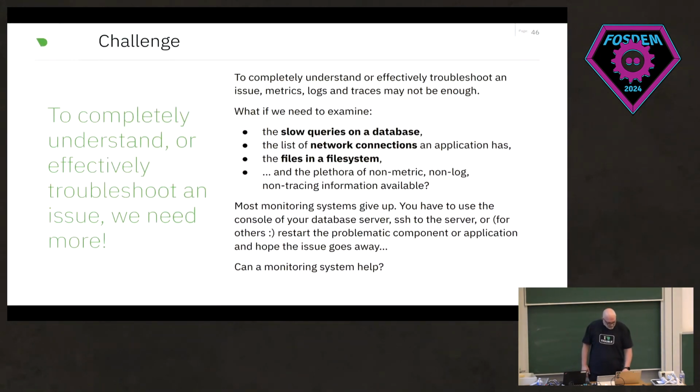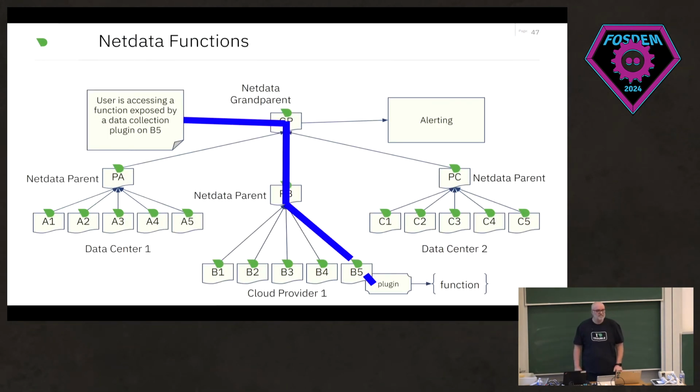What we did is this. Every data collection, this is a Netdata, has plugins, data collection plugins. Every data collection plugin exposes functions. It says, hey, I am the Postgres collector, and I can give you slow queries. Hey, I am a network viewer, and I can give you the list of sockets.